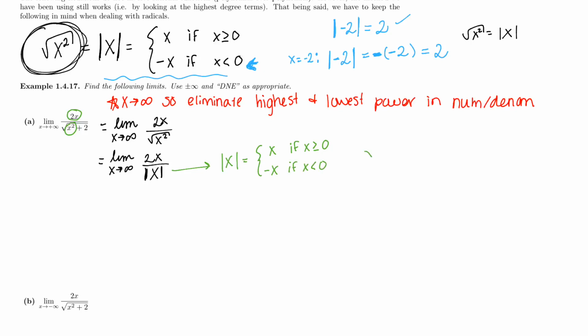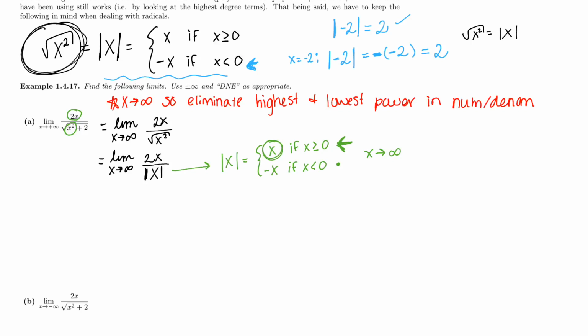So if x is going to positive infinity, am I using the top piece or the bottom piece of this piecewise function? If x goes to positive infinity, is positive infinity greater than or less than 0? Top piece, yes. Beautiful.